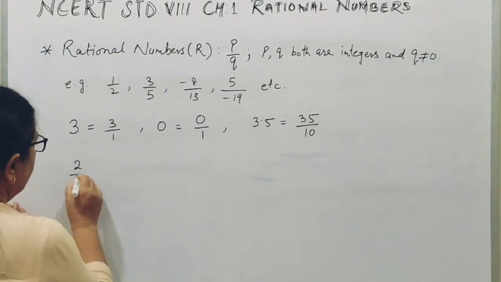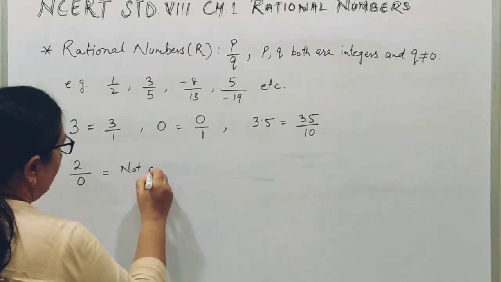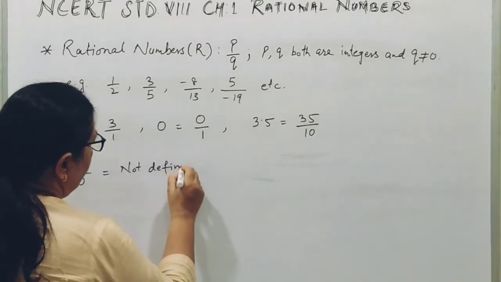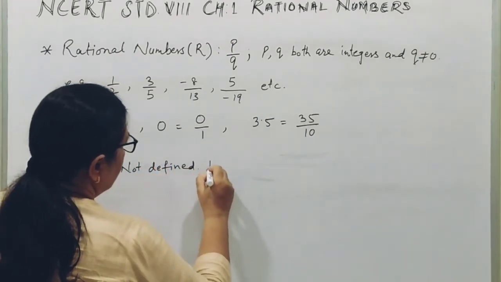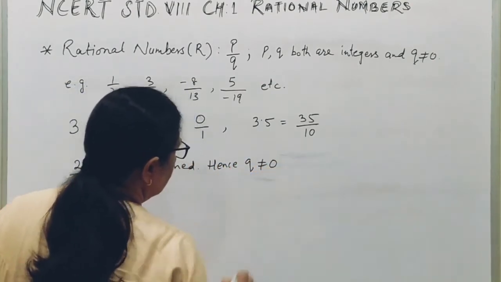But any number with denominator 0 is not defined. Hence, q cannot be equal to 0.